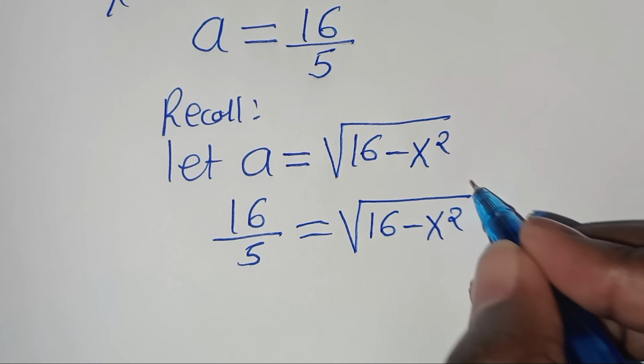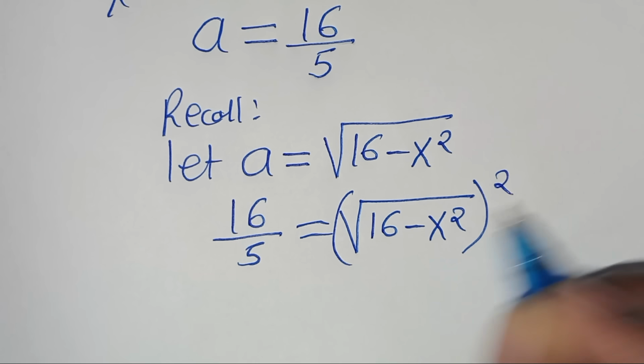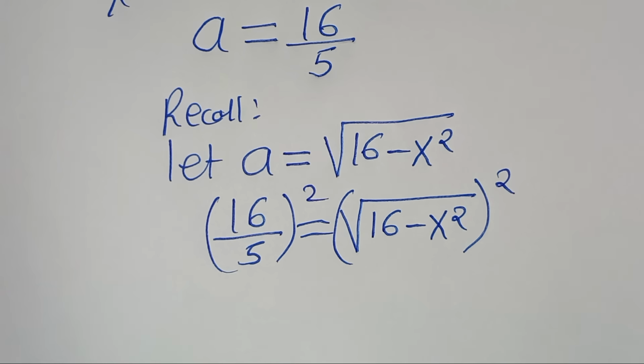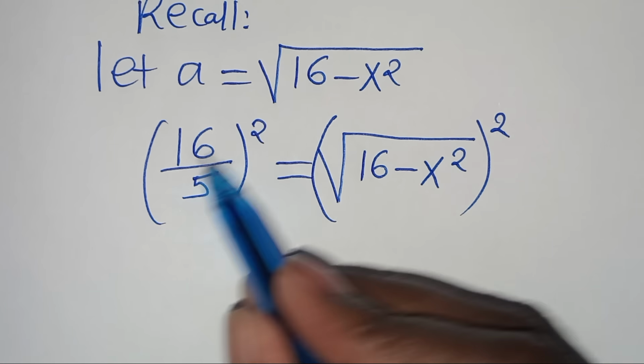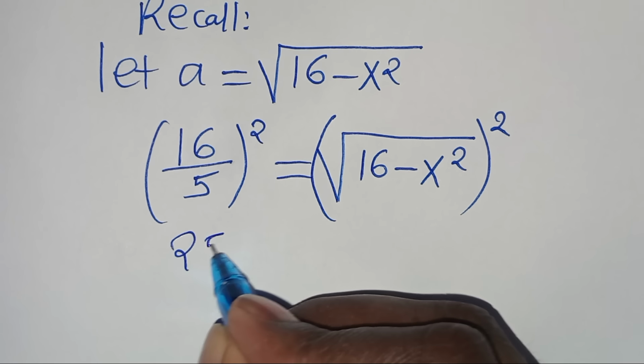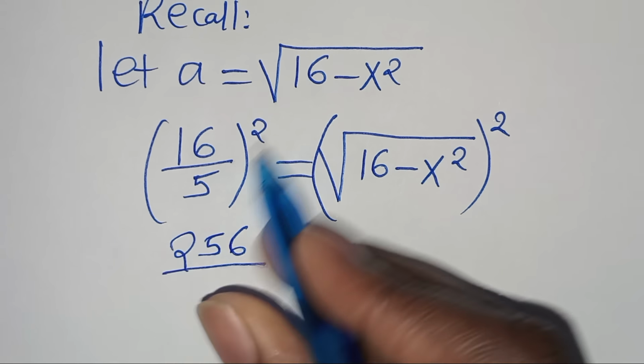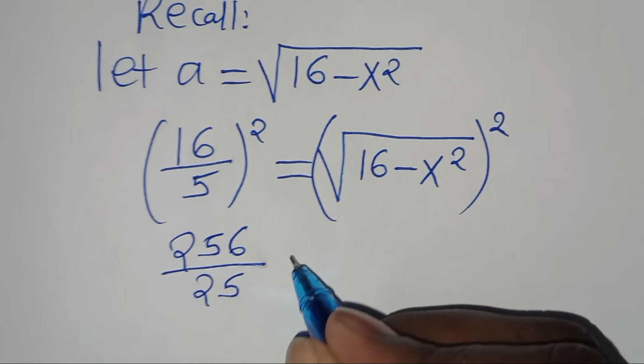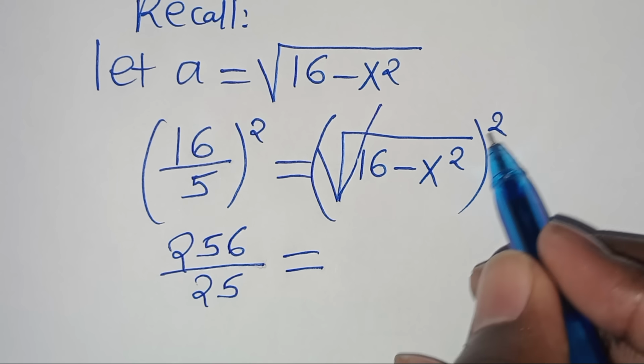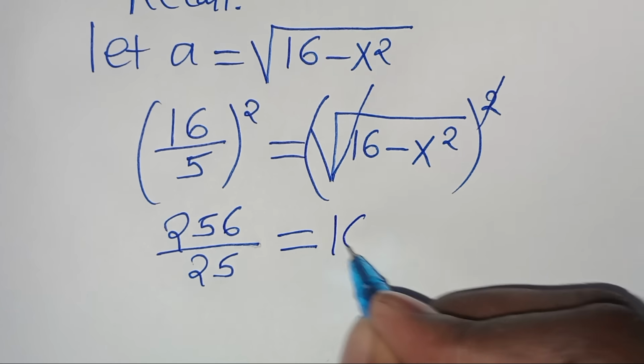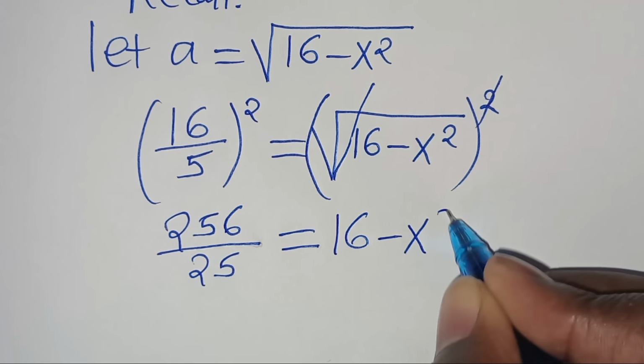Now, the next step is to square both sides. So we have 16 squared, which is 256, divided by 5 squared, which is 25. This is equal to, let's eliminate the square root sign, 16 minus x to the power of 2.